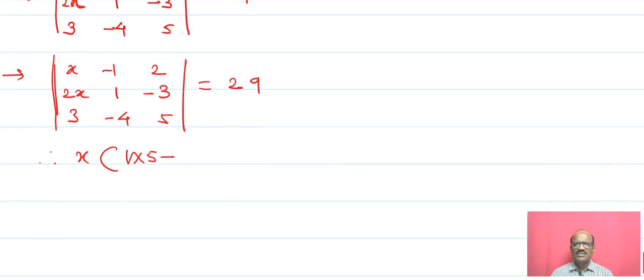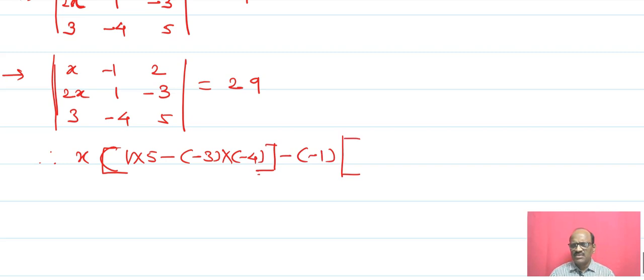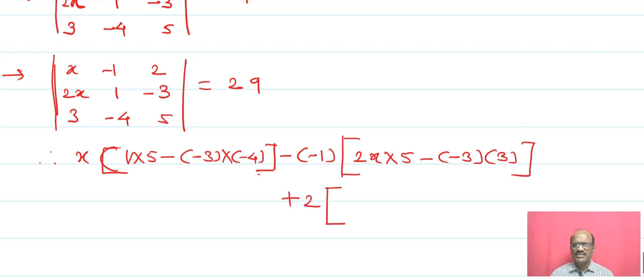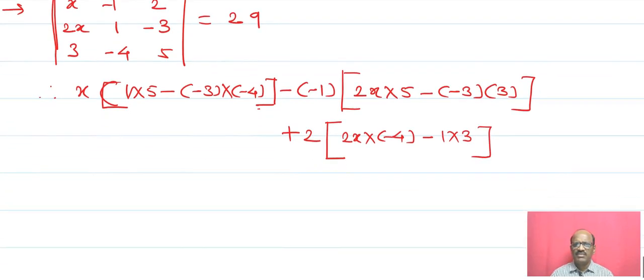That is x, 1 into 5 minus 3 into minus 4, minus 1 in bracket 2x into 5 minus in bracket minus 3 into 3, bracket complete, plus 2 in bracket 2x into minus 4 minus 1 into 3, bracket complete. Now you will simplify, that is equal to 29.